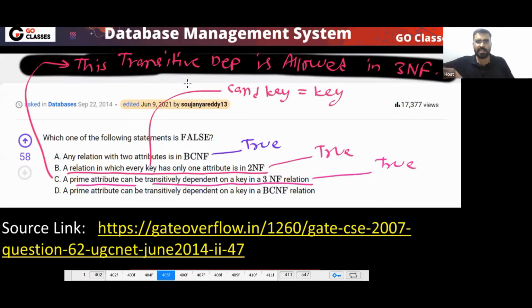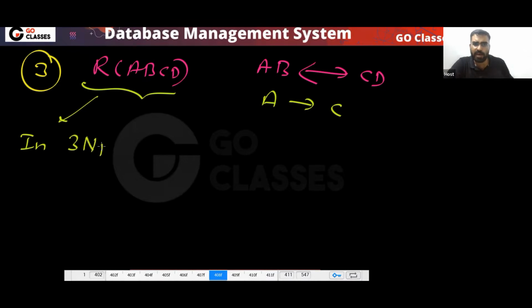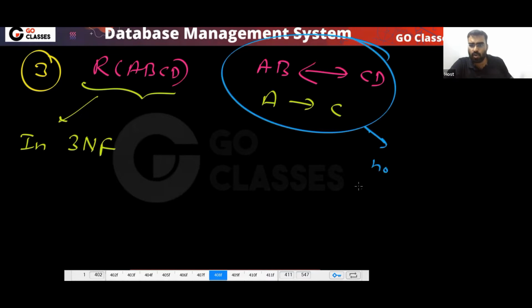Tell me, can you give me a relation in 3NF which has transitive dependency? Consider this relation R(A, B, C, D), where AB determines CD, CD determines A, and A determines C. Can you notice this is in 3NF? Why? Because there is no non-prime attribute, so automatically this is in 3NF.